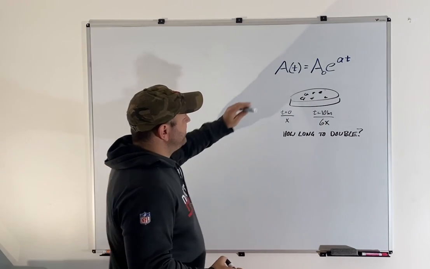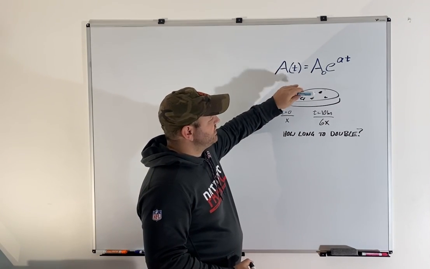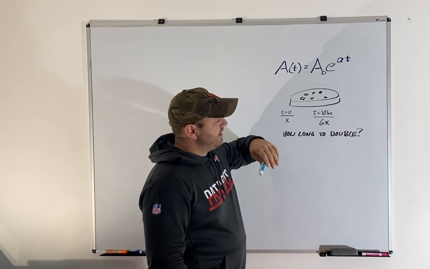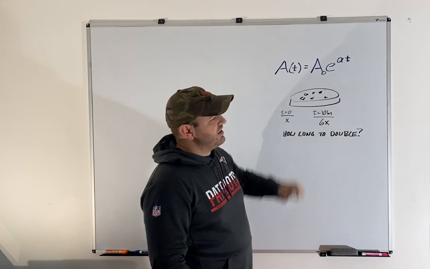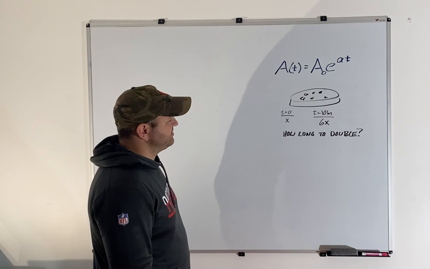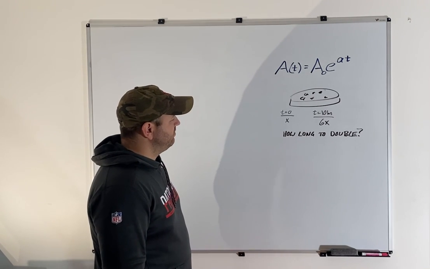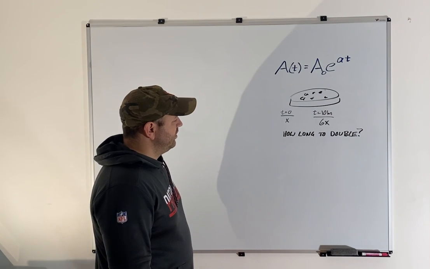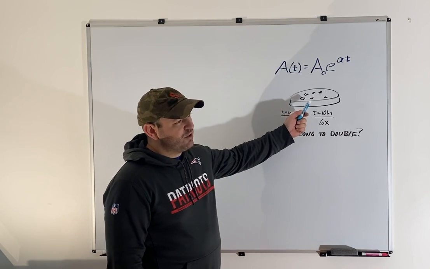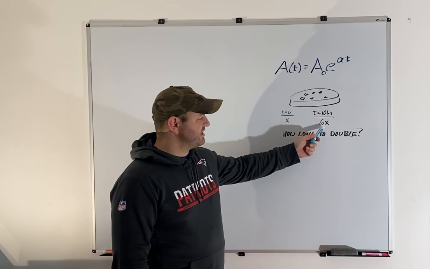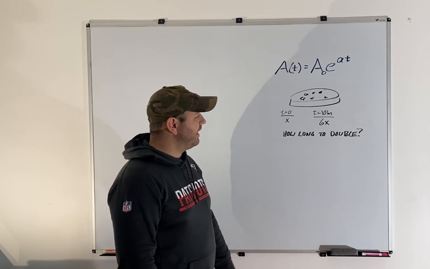We know that the amount that we have at a certain time is equal to the amount that we had at the initial time times e raised to the rate change times the time. So for the amount that we have at a given time, we're not told exactly how many bacteria there are, but we are told that there are 6 times as many of them in 10 hours.